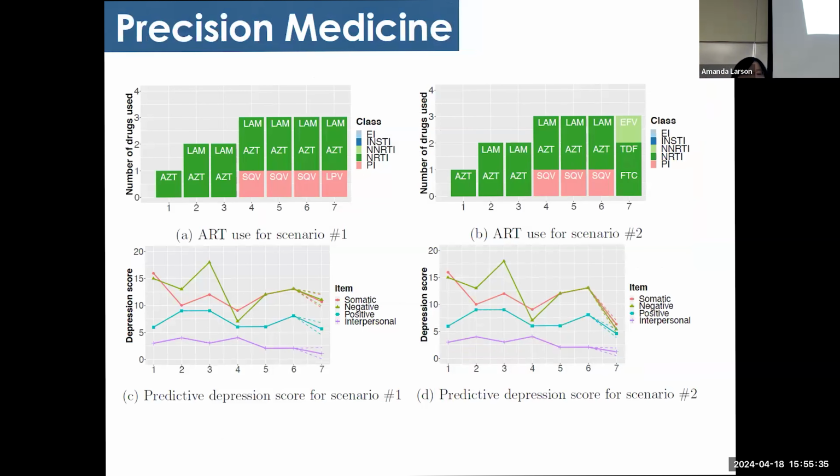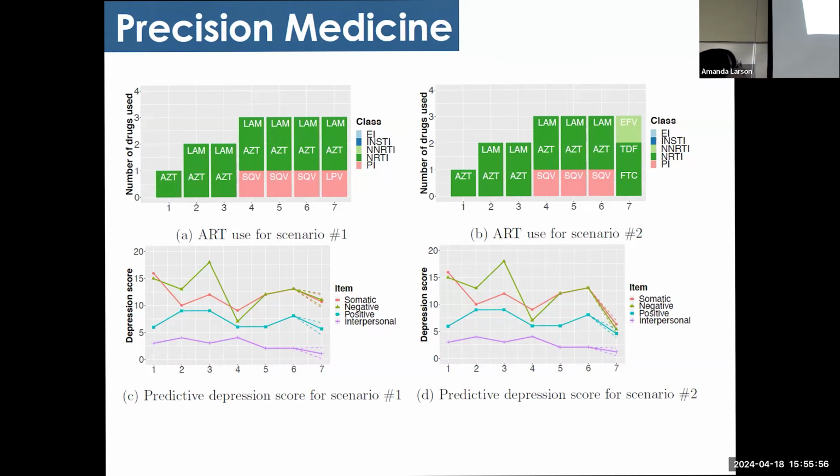Here we consider 2 hypothetical scenarios. If this patient continues to use this drug regimen, here will be the predicted depression, the different depression items. And if we change to another regimen, for example, here is 2 NRTI drugs and 1 NRTI drug, here will be the predicted depression.